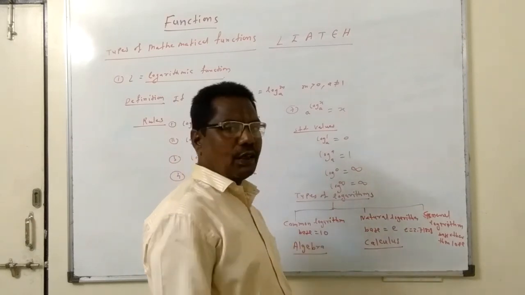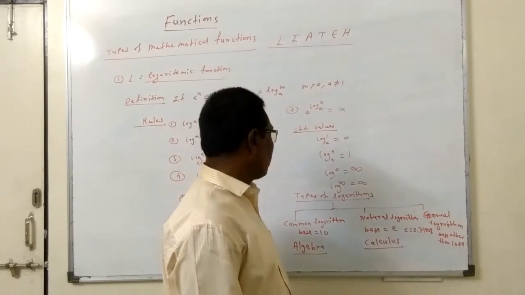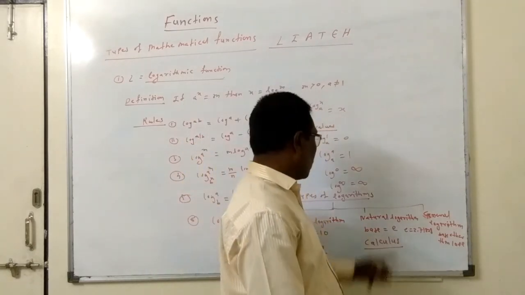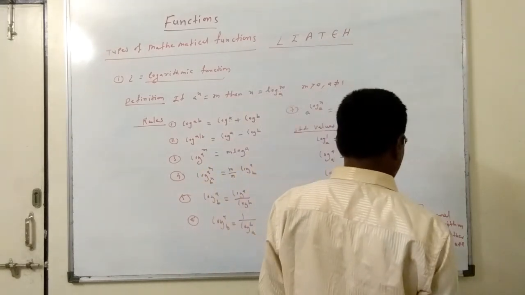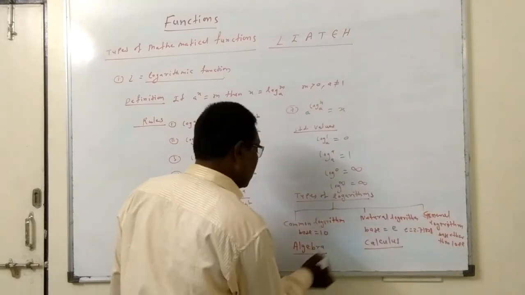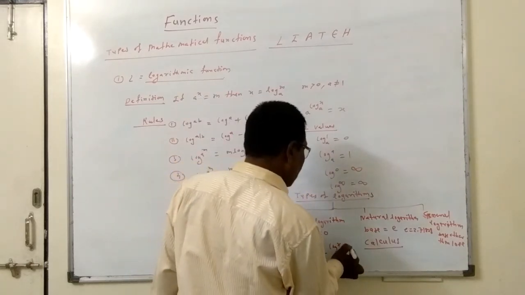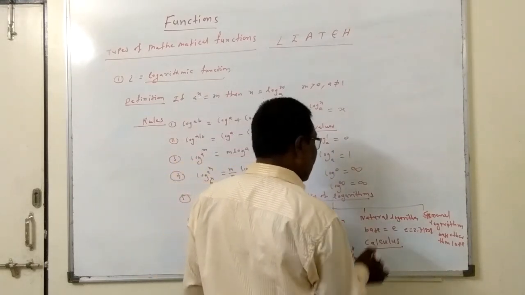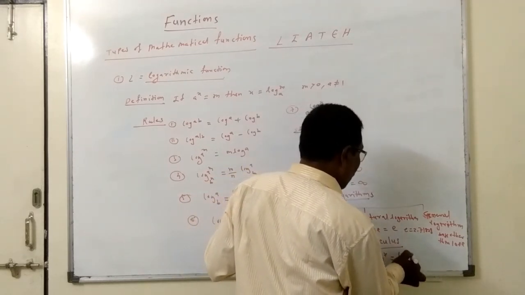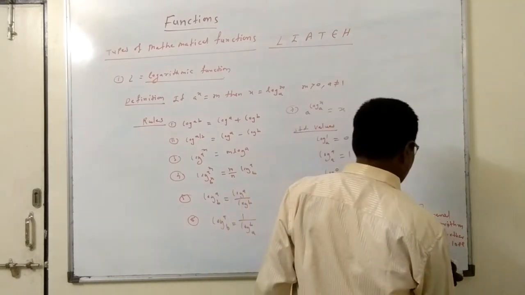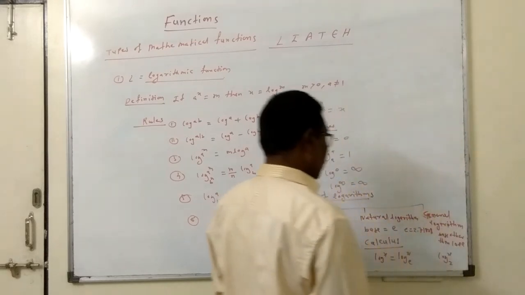So in calculus, when the log function comes in limits, derivatives, integration, etc., and the base is not stated, you assign the base as e. And in the general logarithm, the base is always stated. So in algebra, log x is considered as log x base 10. In calculus, if log is written like this, we consider it as log x base e. And in the general logarithm, the base is always stated, like log x base 2.